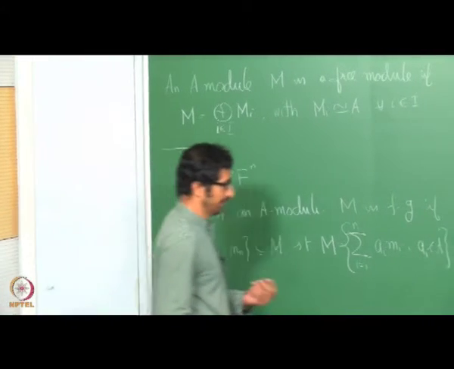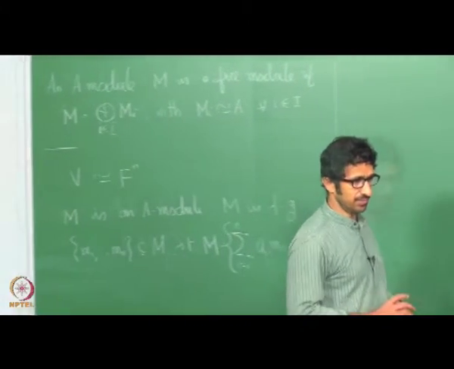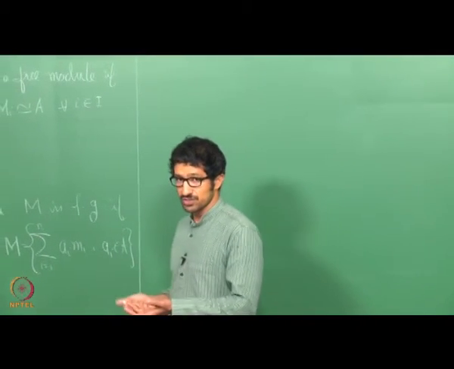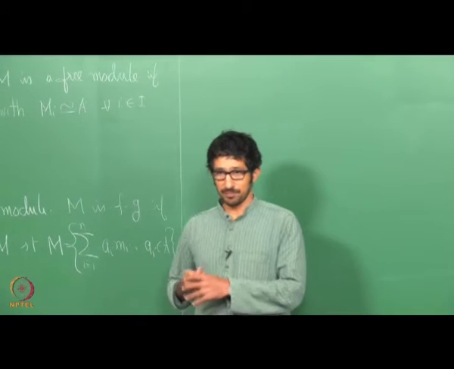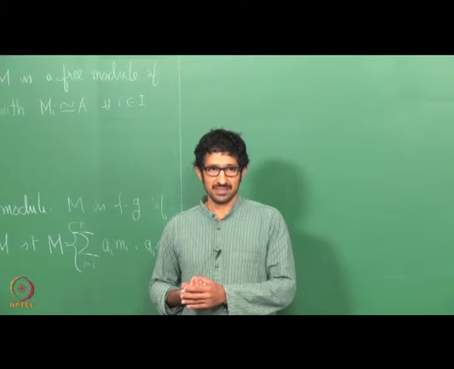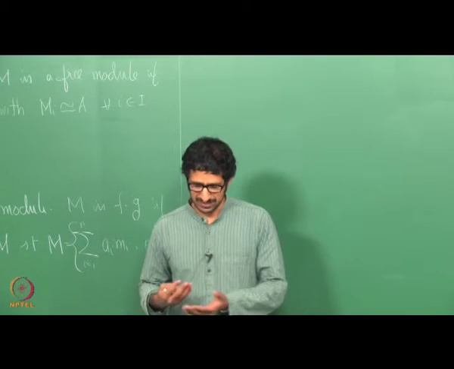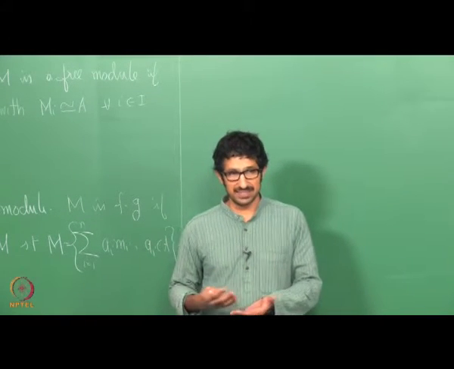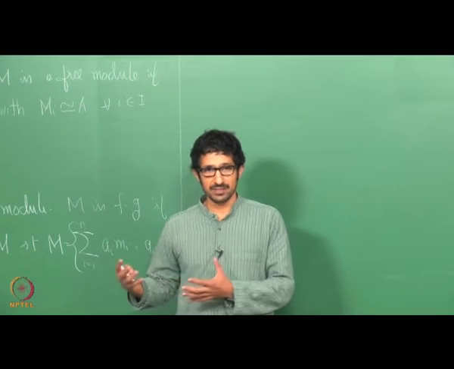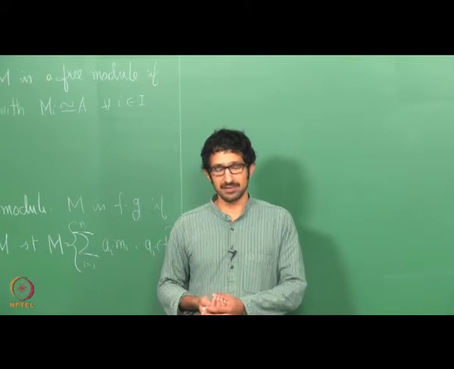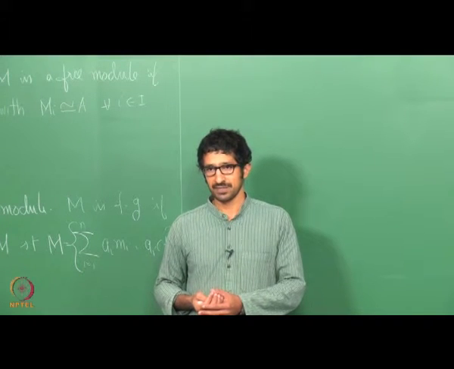Of course, we have already seen that one does not have analogues of basis. We need not have any finitely generating set reduced to a linearly independent finitely generating set.